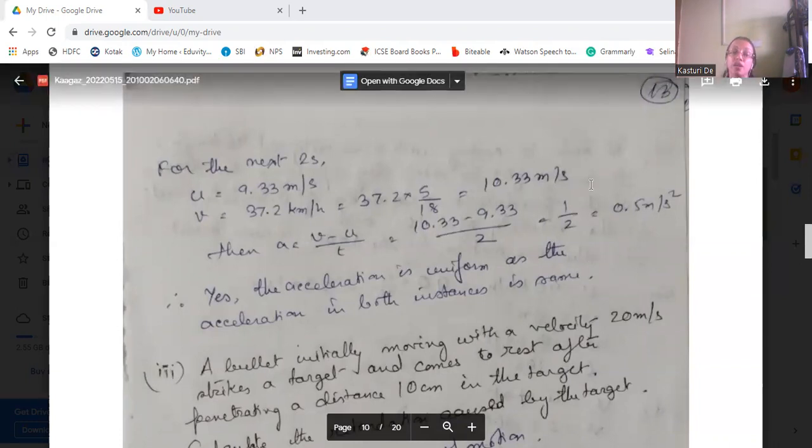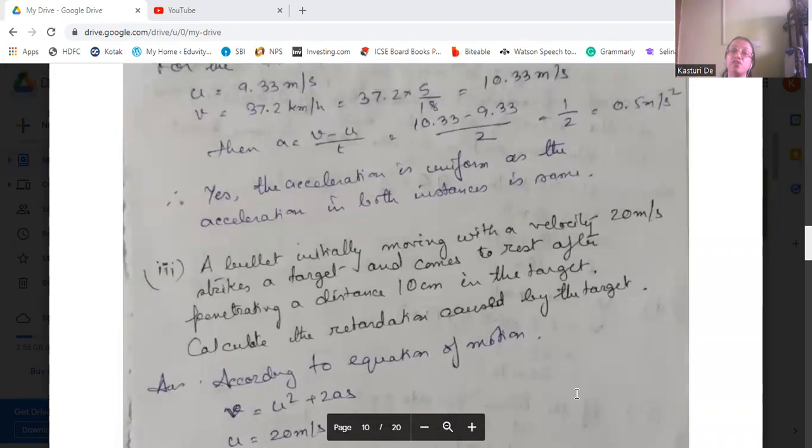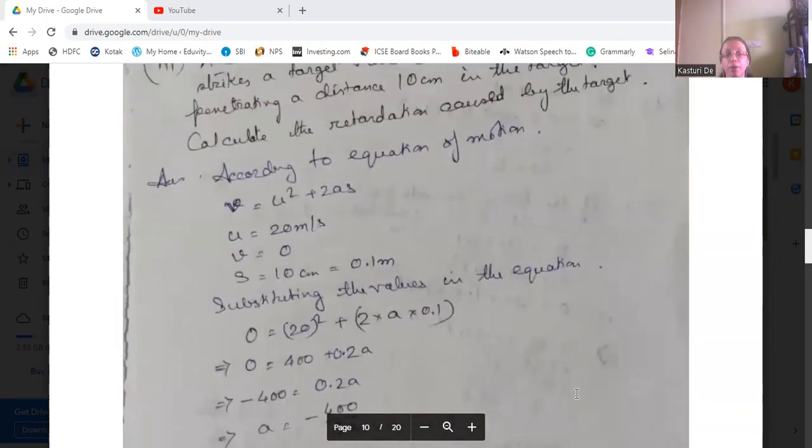Next question: a bullet initially moves with a velocity of 20 meters per second, strikes a target and comes to rest after penetrating a distance of 10 centimeters of the target. Calculate the retardation caused by the target. According to the equation of motion, v square is equal to u square plus 2as. u is equal to 20 meters per second, v is equal to 0, s is equal to 10 centimeters, that is 0.1 meter.